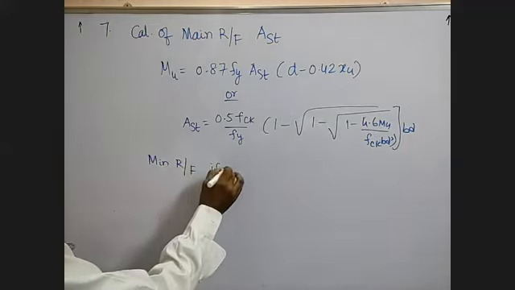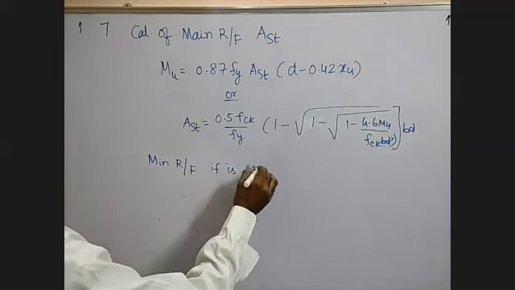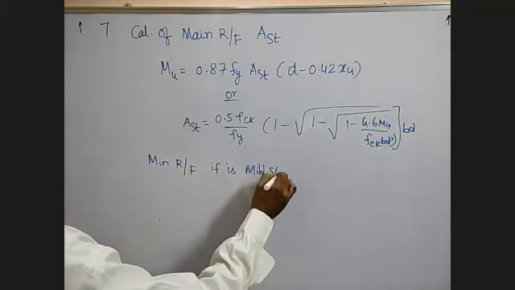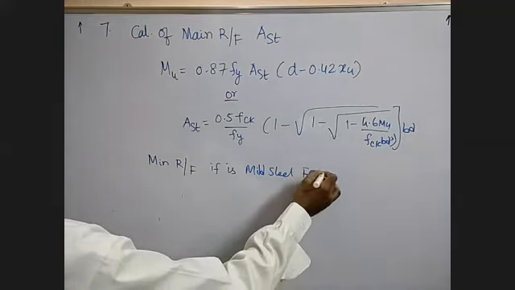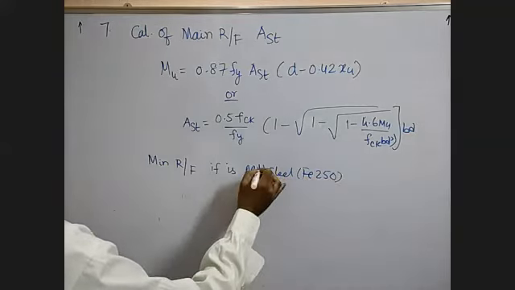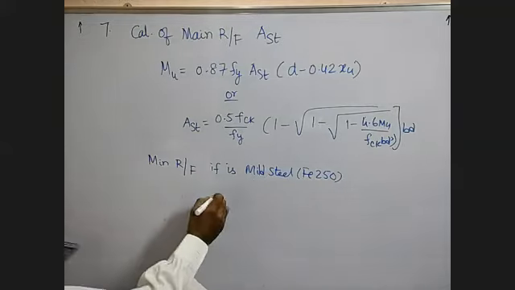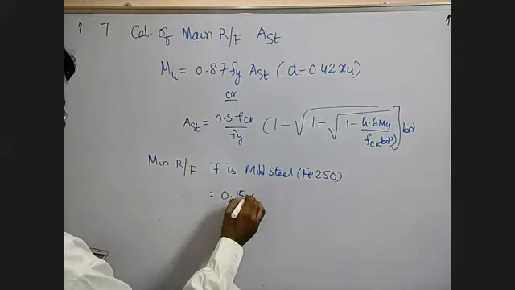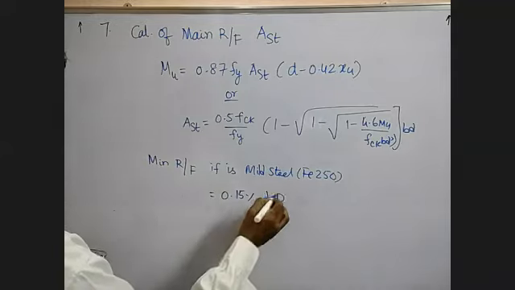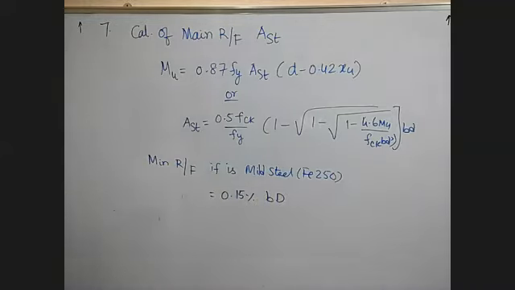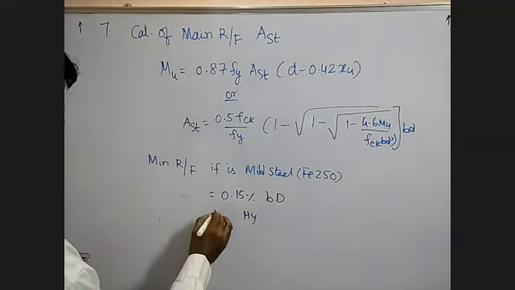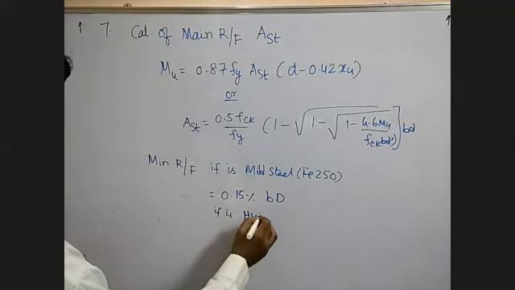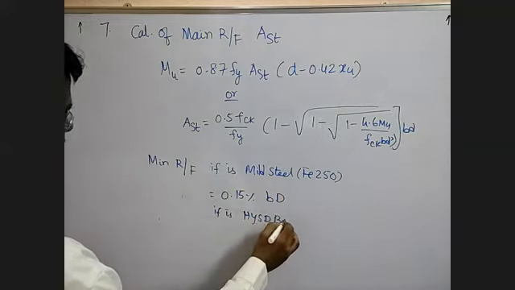If it is mild steel, Fe 250, it is 0.15% of BD. Suppose it is HYSD bars, then it is 0.12% of BD.